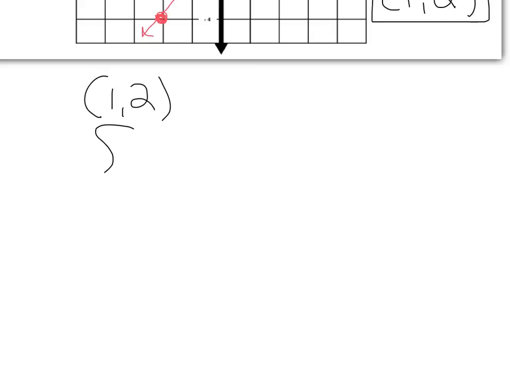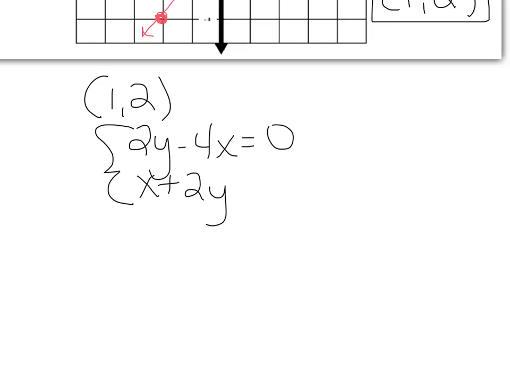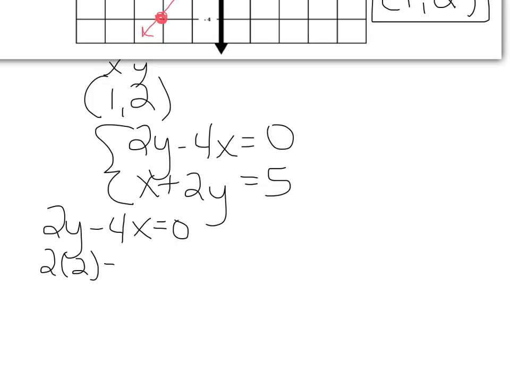Okay, so we have the system 2y minus 4x is equal to 0, and then x plus 2y is equal to 5. Okay, so we have 2y minus 4x equals 0. We're plugging in x, y. So 2 times 2 minus 4 times 1 is equal to 0. This is where it's really important that you label x, y, because notice in this case y is first.